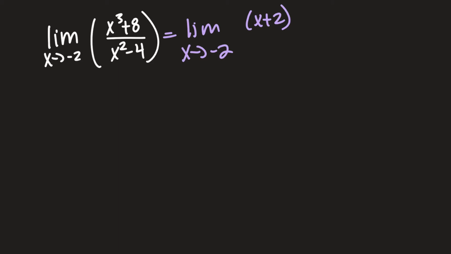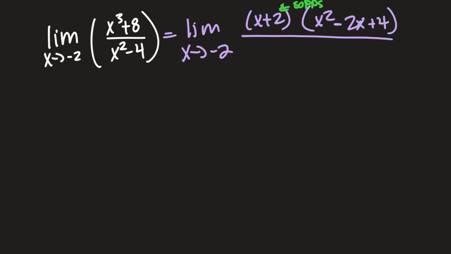So the cube root of x cubed is x, the cube root of a +8 is a +2. And then we SOPs that thing to get our trinomial. So our trinomial is square of the first term, opposite sign, product of those two terms, 2 times x, plus the square of the last term. And then the bottom is the difference of squares. Those are conjugate pairs.